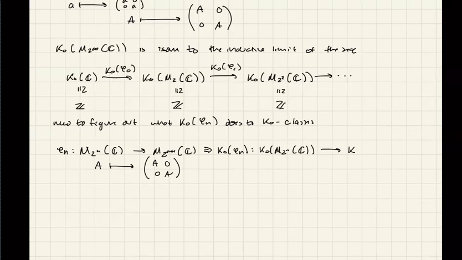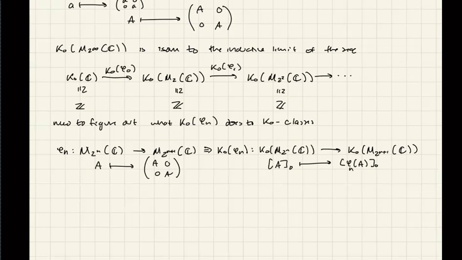We take a K0 class. I'm going to have a little bit of abusive notation. I'm now viewing A as a projection instead of just a matrix. So I'm going to take this class and apply phi n to this.